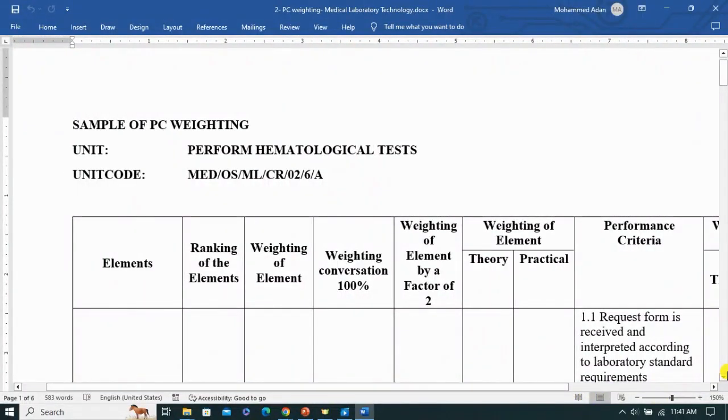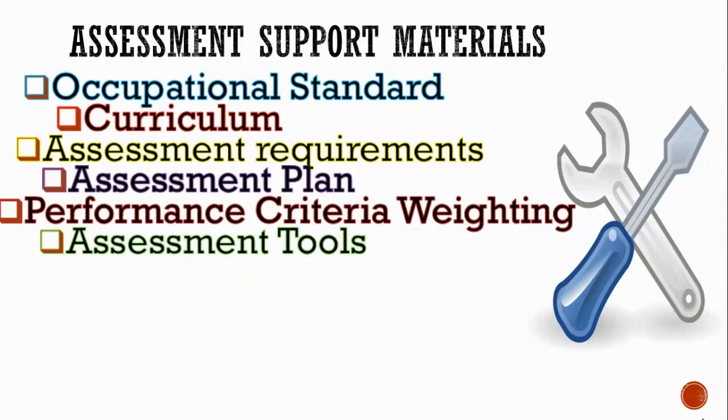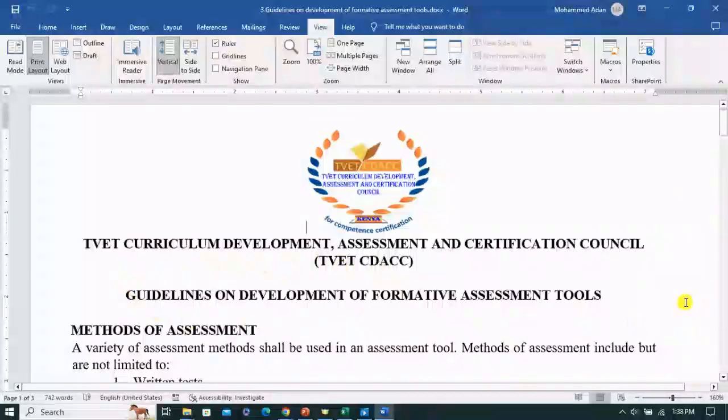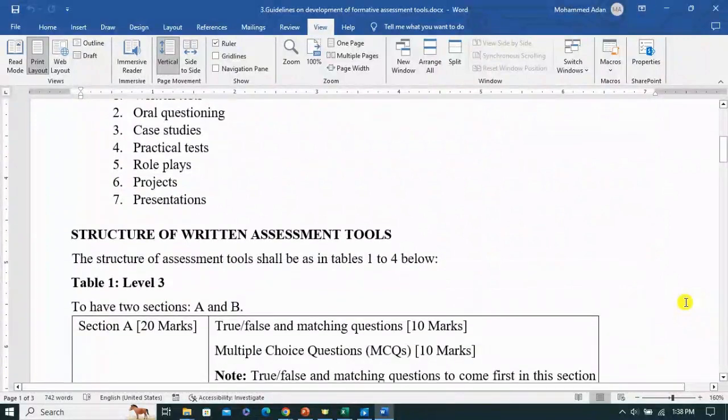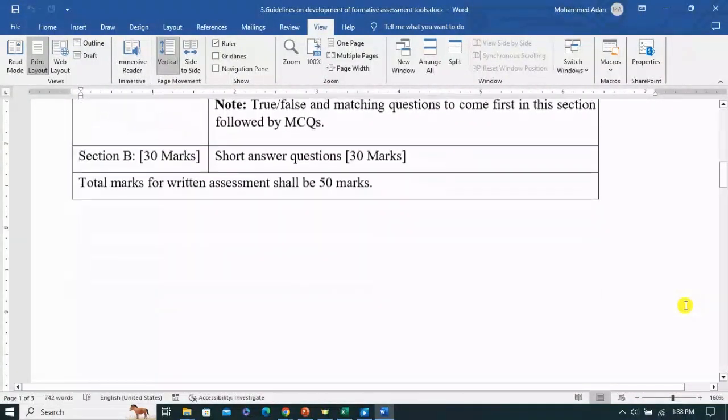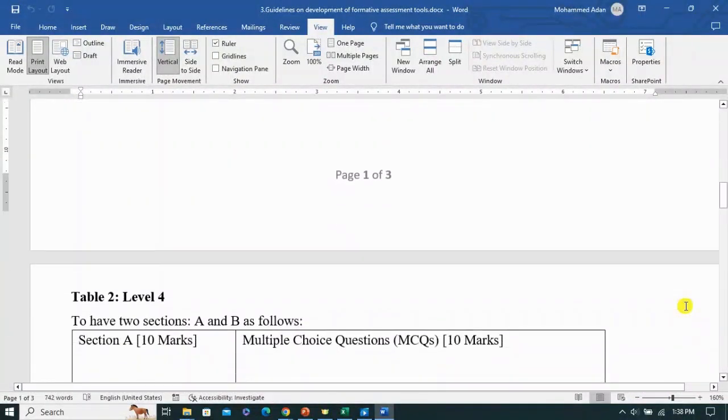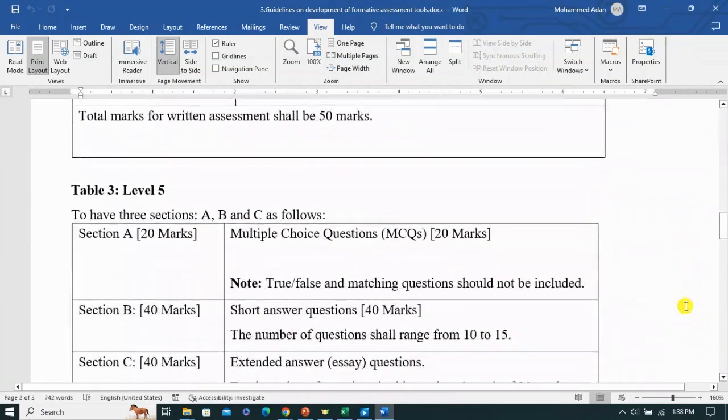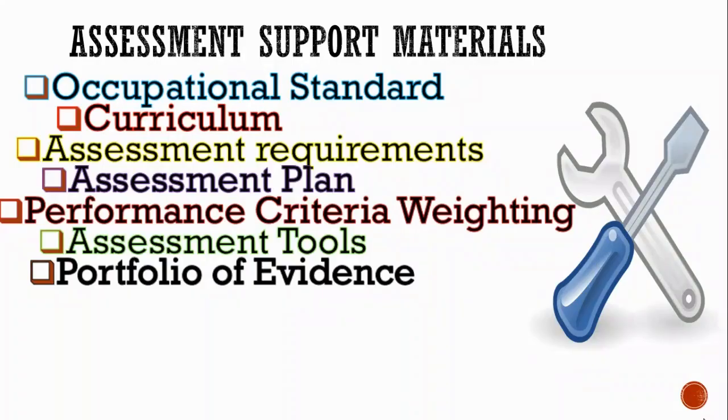Also, we'll be talking about how we develop assessment tools, so we'll be looking at the guidelines from TVET CDACC in terms of developing assessment tools. You will also be looking at portfolio of evidence and how we collect all the evidence that is needed to support a learner's competency.